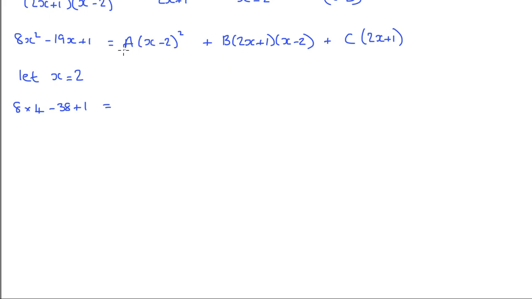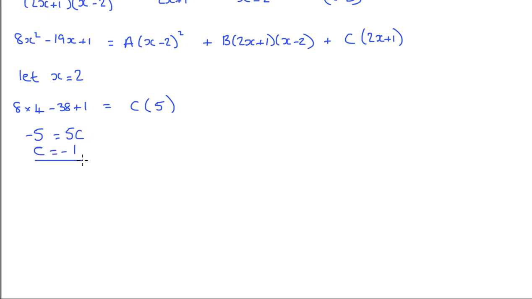Is going to be equal to, this term's going to disappear, this term's going to disappear. This is going to allow us to work out c. So we're going to have c lots of 5. So 32 take away 32 take away 38 is negative 6. Add 1 is negative 5. So c must be negative 1.